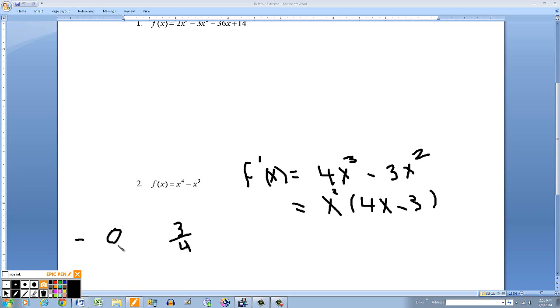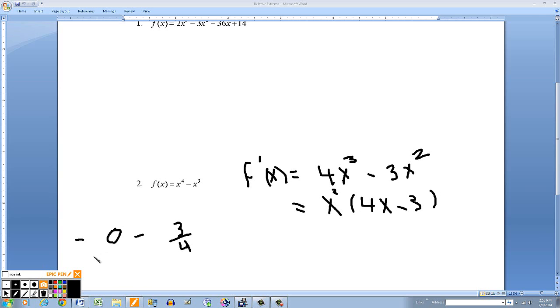Now let's pick a number to the right of 0. Now because the next critical value here is 3/4, I want to stay less than 3/4 here. So I'm going to pick 1/2. 1/2 squared is positive. 1/2 times 4 is 2, and 2 minus 3 is negative. So this product will be negative.